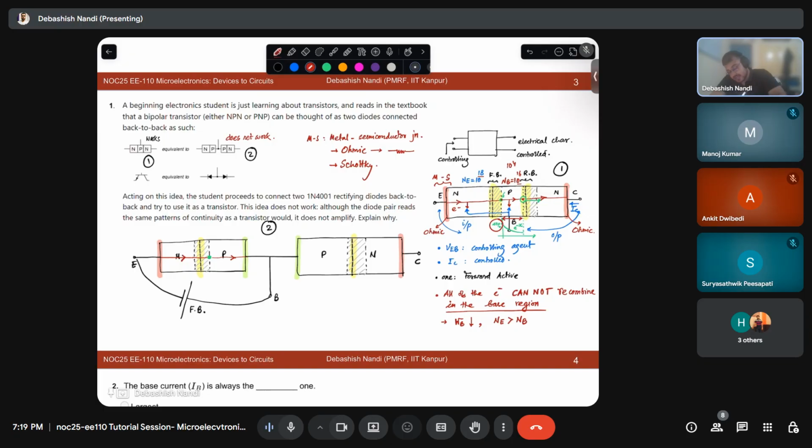But what is the scenario in case of the excess electrons? How will your excess electrons behave?